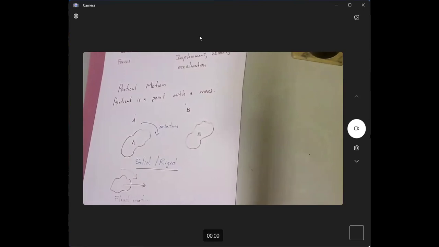Let's suppose water is flowing in a channel. It does have certain dimensions, right? It moves, it can show rotations, and at the same time, it can show change in its shape.